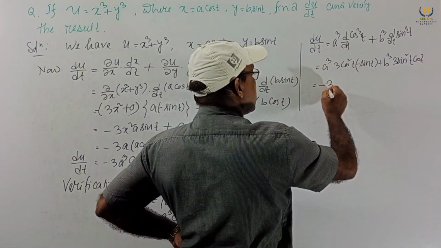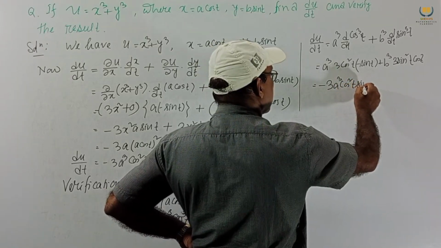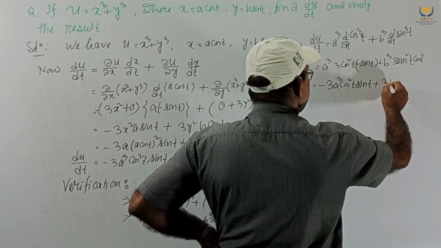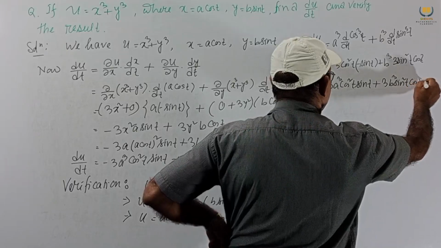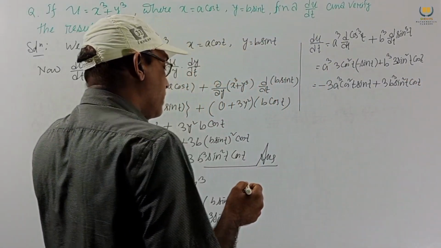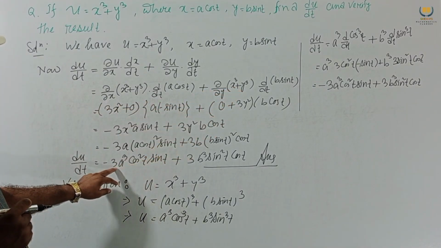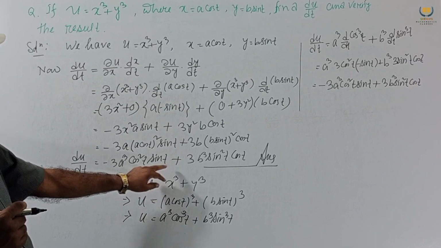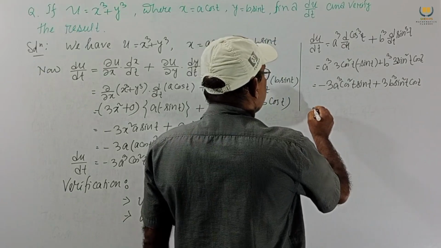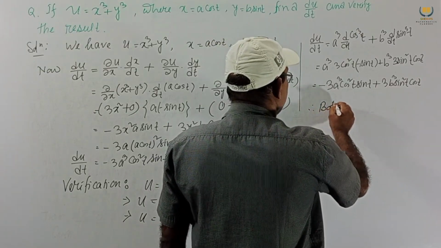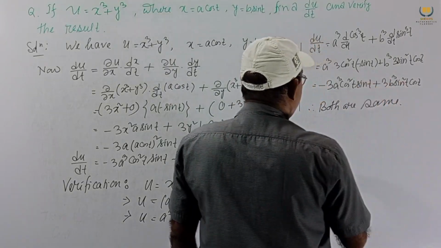So ultimately we get minus 3a cube cos square t sin t, plus 3b cube sin square t cos t. This result and the previous result are both the same. Therefore both are the same, hence verified.